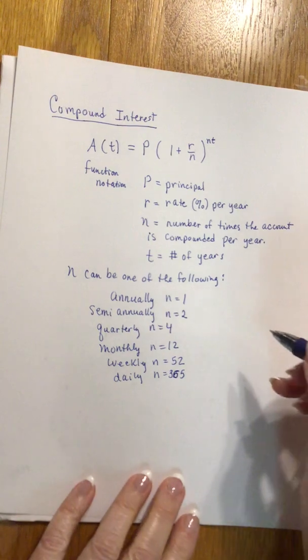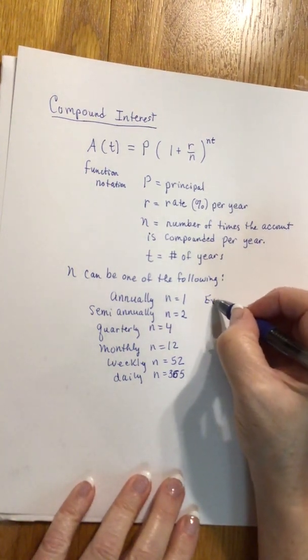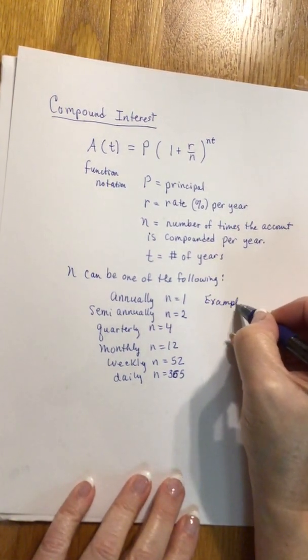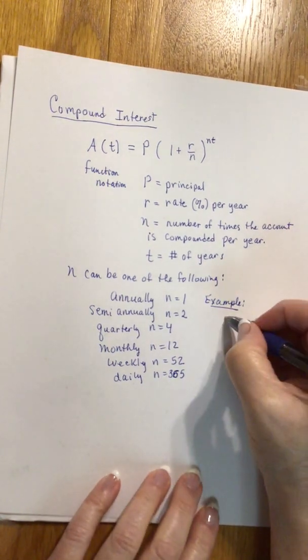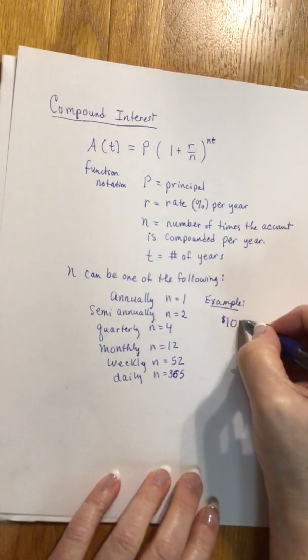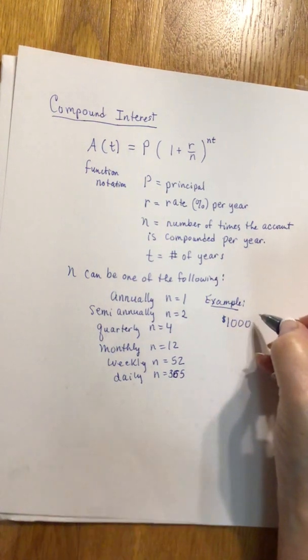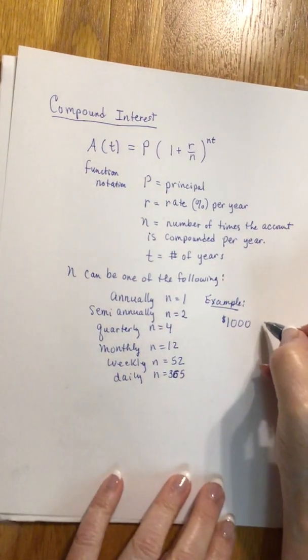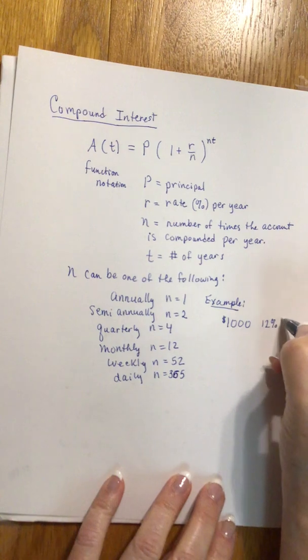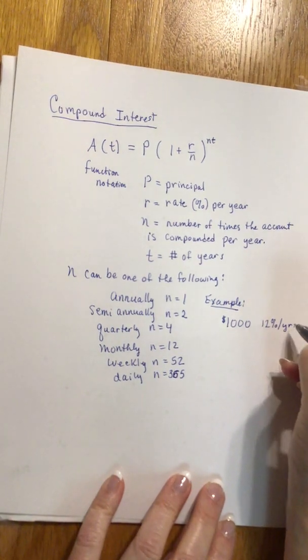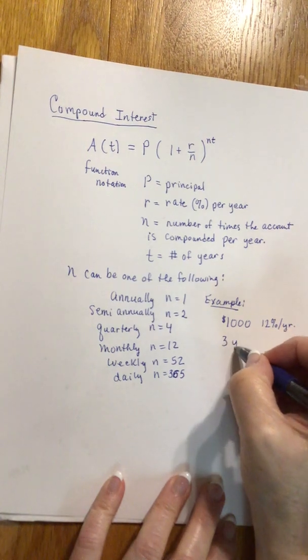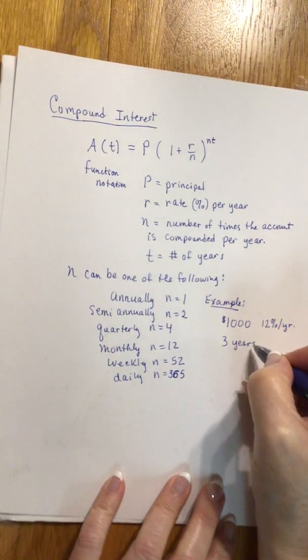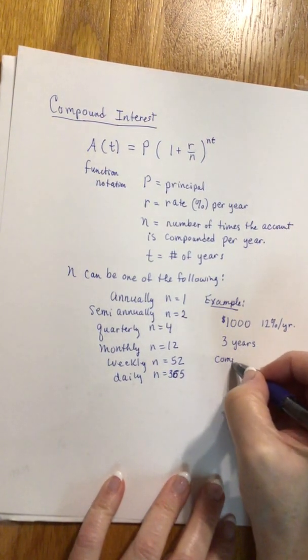Okay, so we're going to look at an example. The example says $1,000 is invested at a rate of 12% per year. What would be in the account after 3 years, compounded monthly?